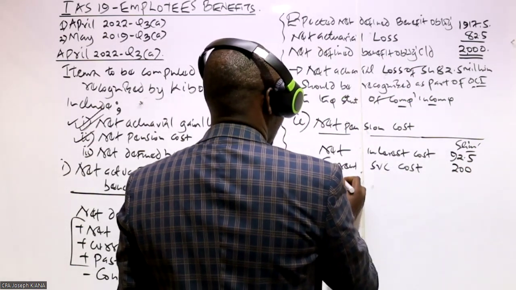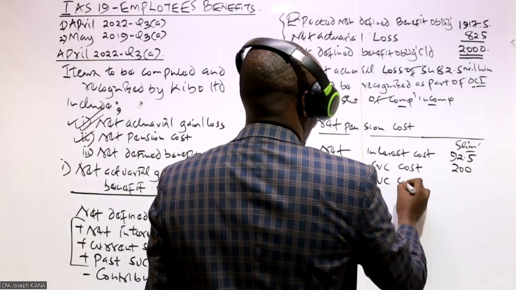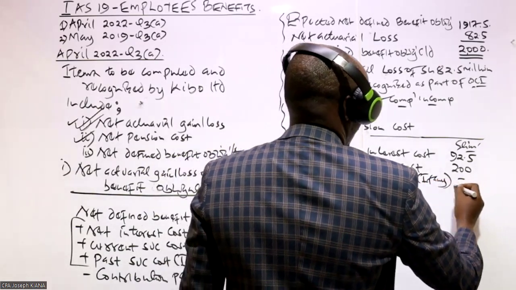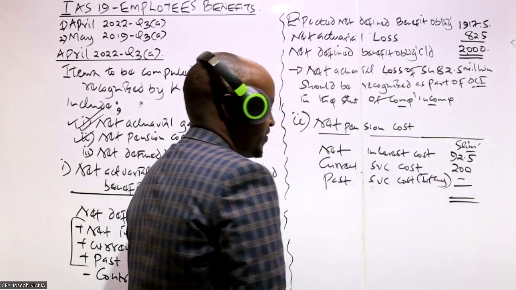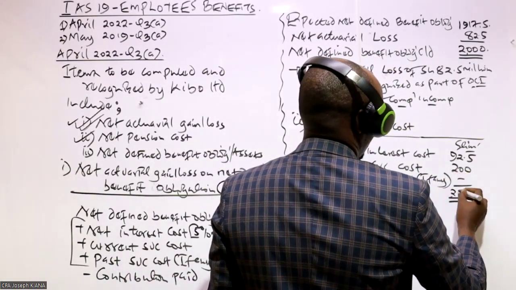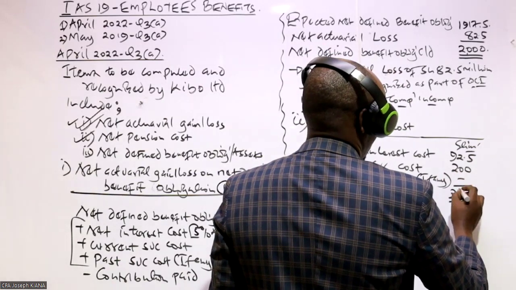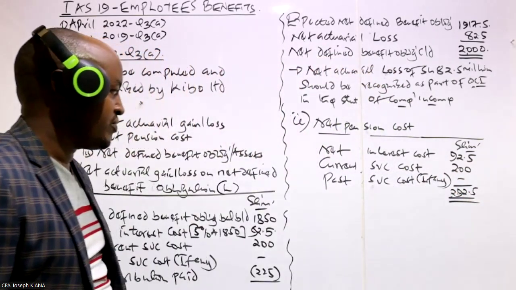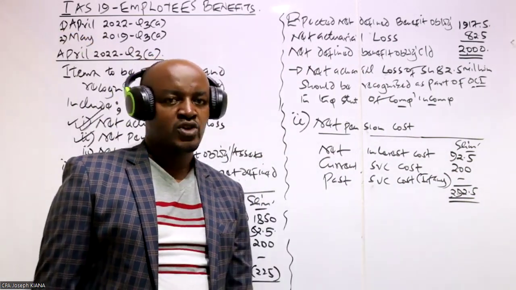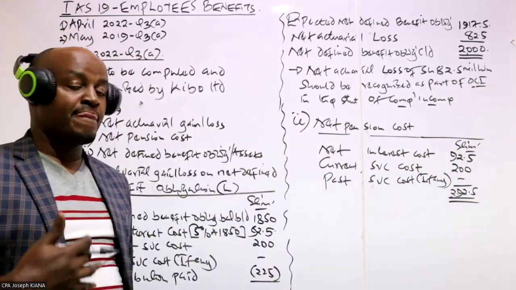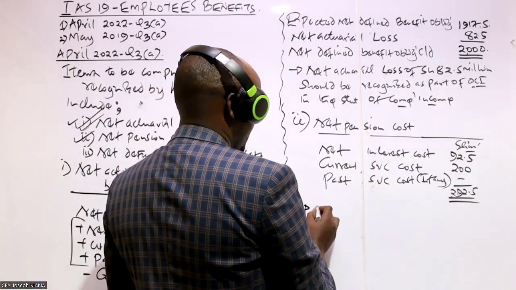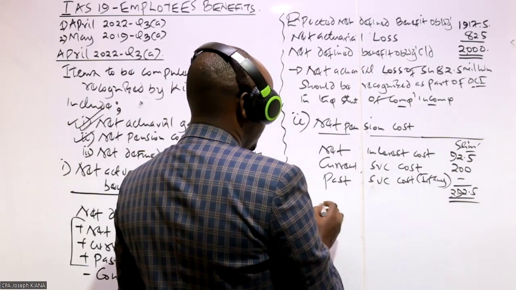We also add the past service cost, if any, but in this question we don't have any past service cost, so we get a figure of 292.5. In our previous session, we said that this amount should be recognized as an expense in the income statement.